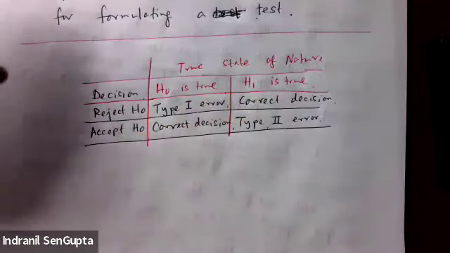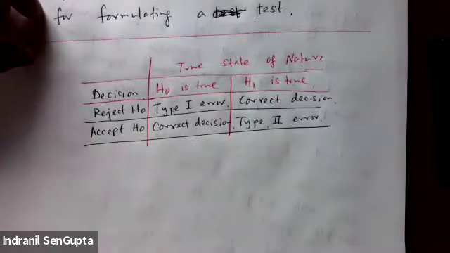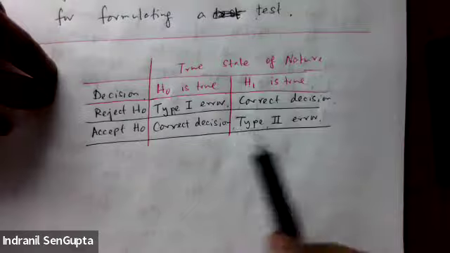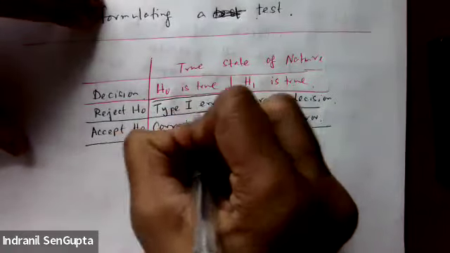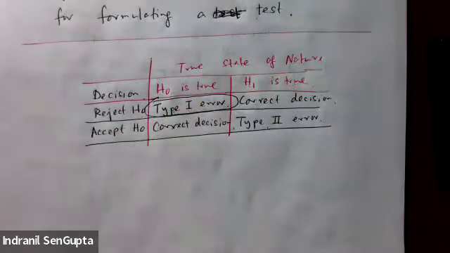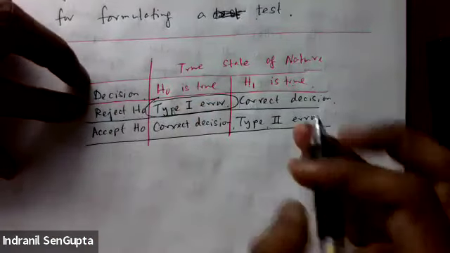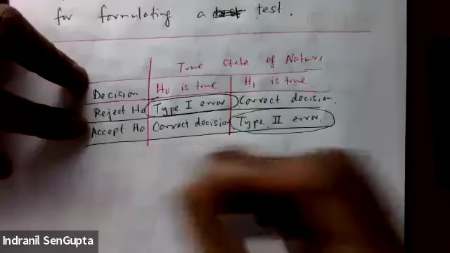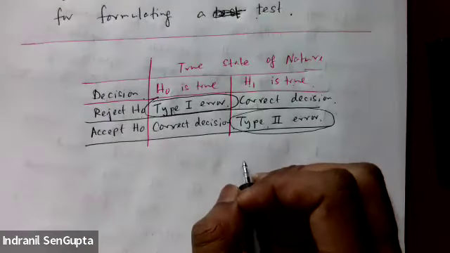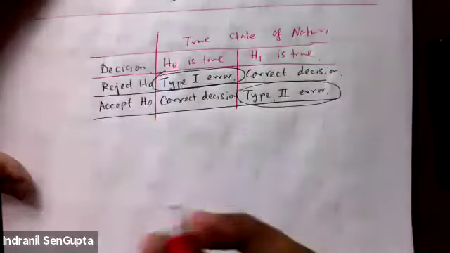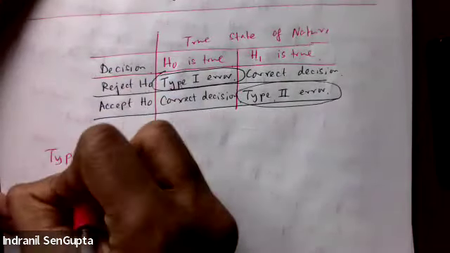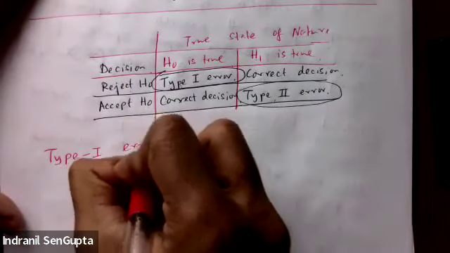So basically, there are two different kinds of errors: a type 1 error and a type 2 error. Type 1 error is the case when H0 is true in reality, but we reject H0. And type 2 error is the case when H1 is true in reality, but we accept H0. Let's define this properly, because these are two central ideas of hypothesis testing.